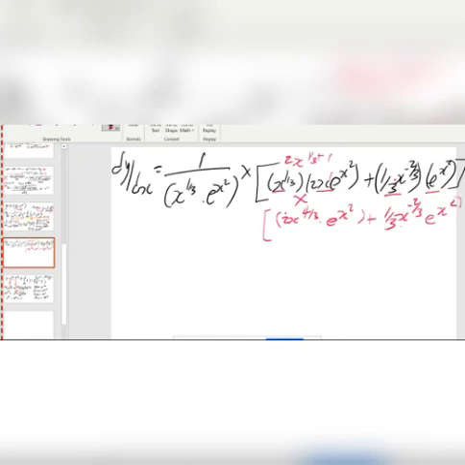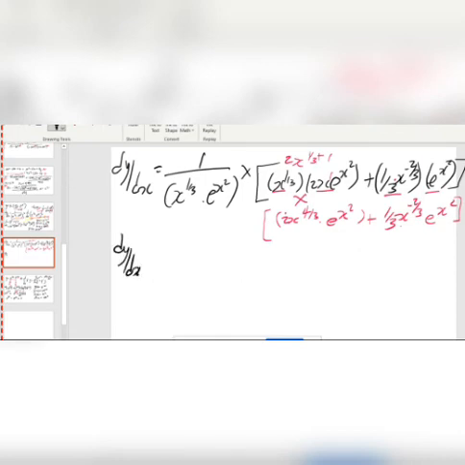Remember there's brackets here. If you remove these brackets, something will cancel with this one. If it doesn't cancel, guys, just leave it as it is. Remember this whole thing, you can rewrite this thing as your dy.